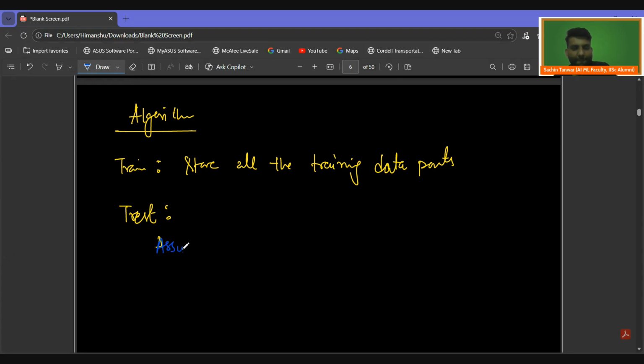Assumption: only one testing point, and whatever we'll be doing for one testing point, the same goes for every test point. Okay, so the steps are something like this.